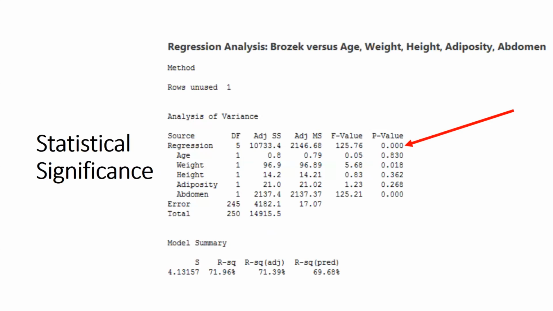It does that through an F statistic. In this case, we're looking at the variability explained by the regression model as a whole compared with the error variability, which is left unexplained. So what we're trying to detect here is whether the model is explaining significant variability in an overall sense.